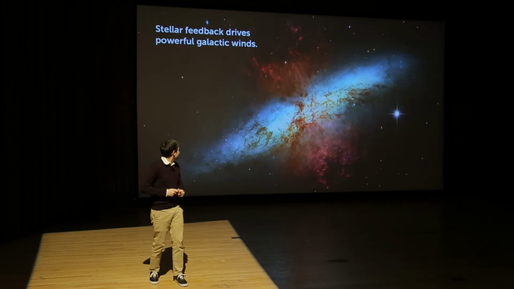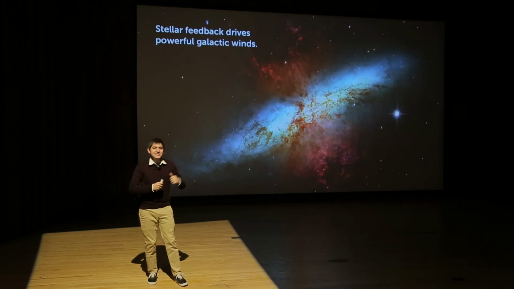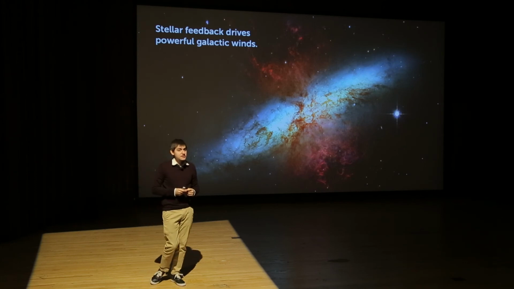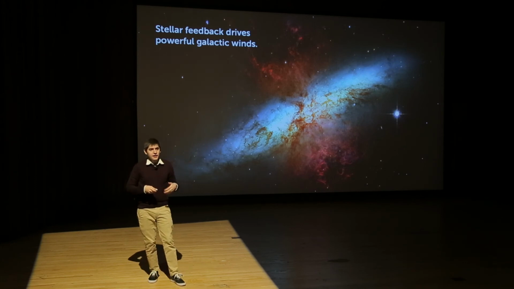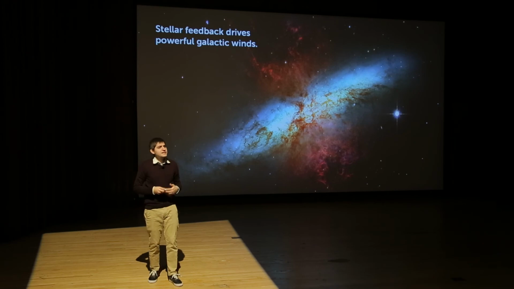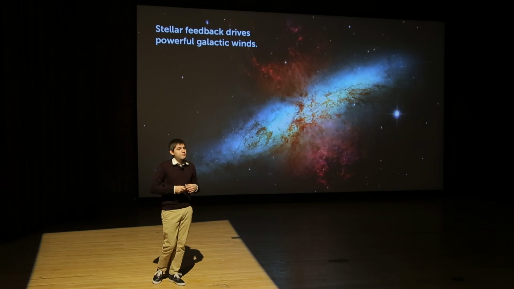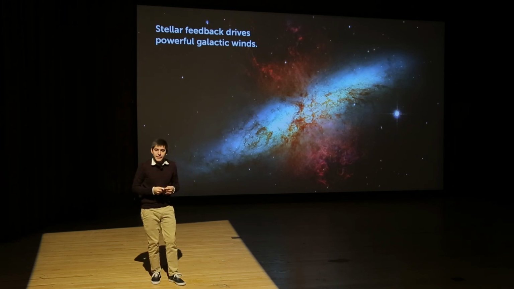Yes. Yes, it does, I will say, because this is a real picture from our universe of M82. It is a starburst galaxy, a nearby starburst galaxy, which means it's undergoing a period of very intense star formation, which means that it's subsequently going to undergo a period of very intense stellar death and a period of very intense stellar feedback.